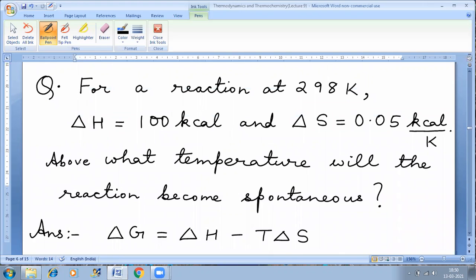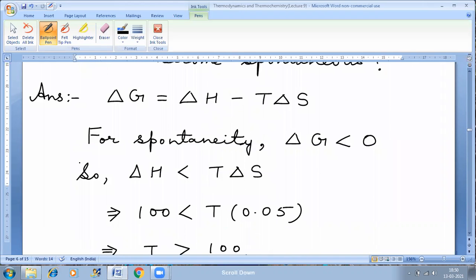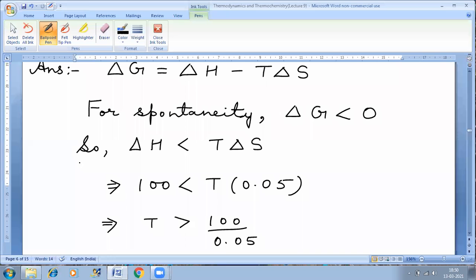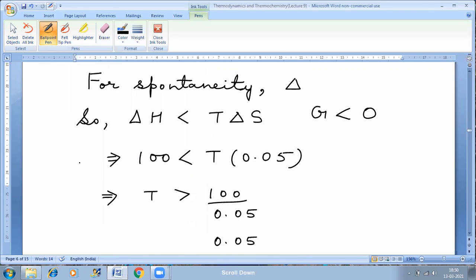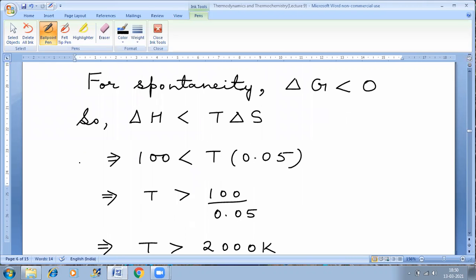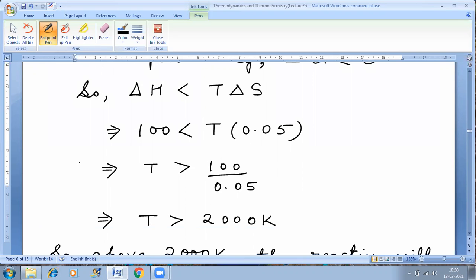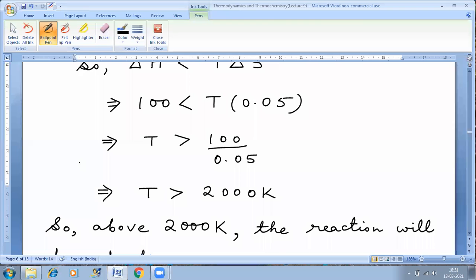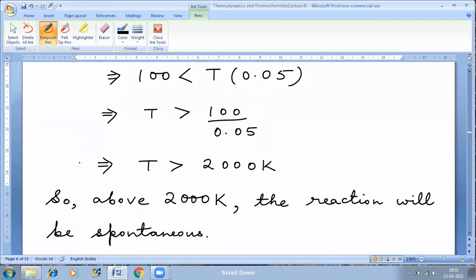Delta S is given as 0.05. Put the values. On solving this, I'll get T greater than 2000 Kelvin. So above 2000 Kelvin, the reaction will be spontaneous.